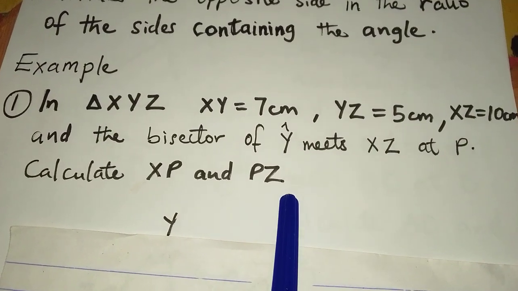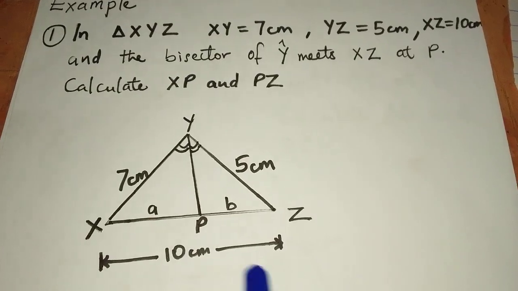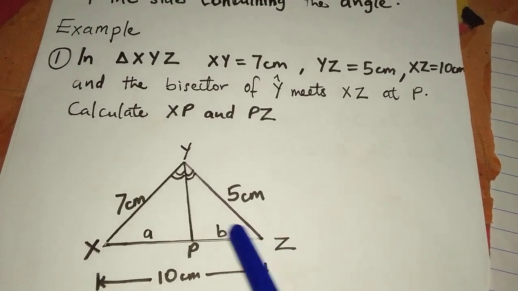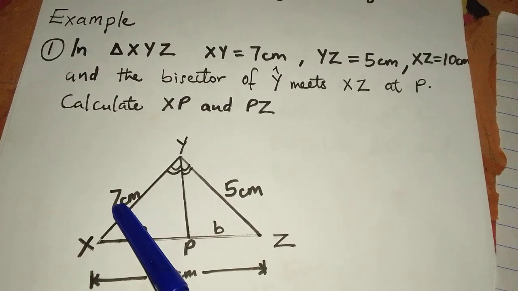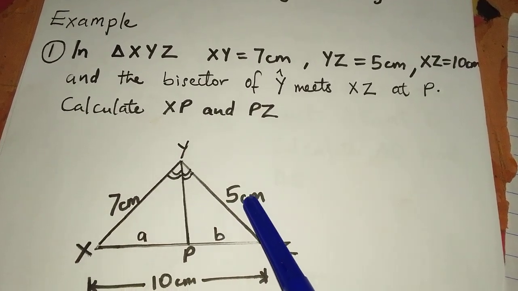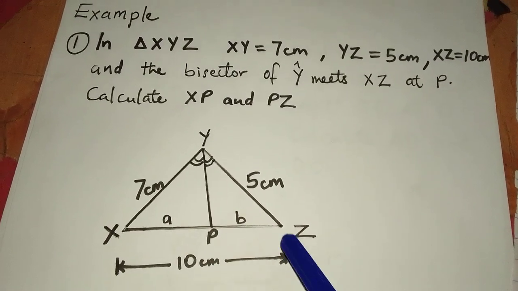So first of all, we need to draw the triangle. Assuming this is the triangle XYZ, we are told that XY is 7 cm, YZ is 5 cm, and XZ is 10 cm.